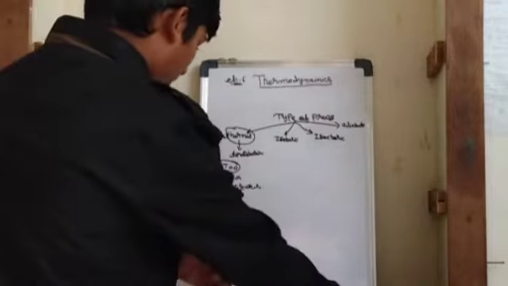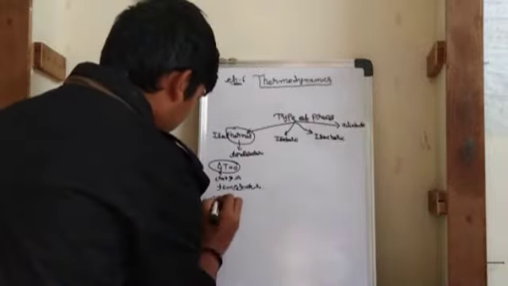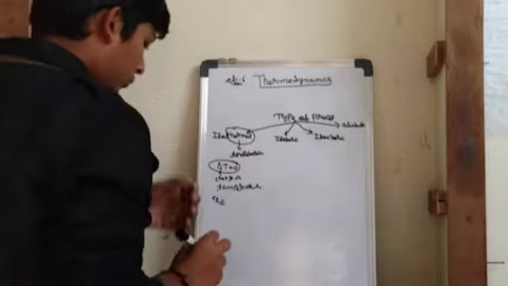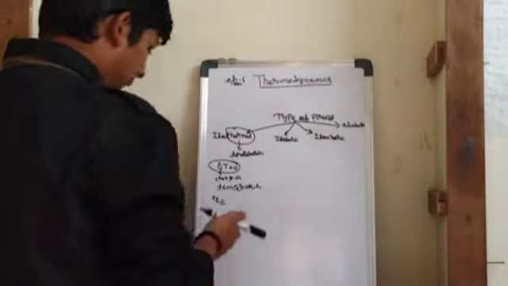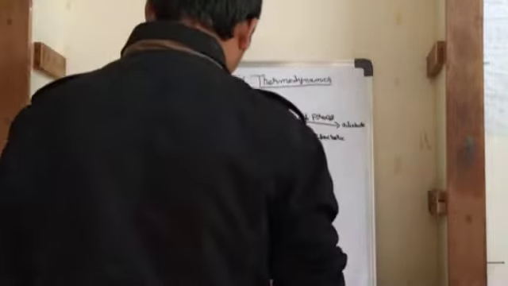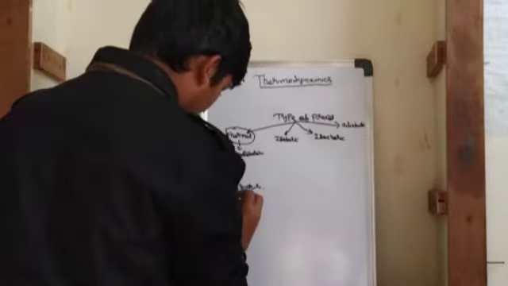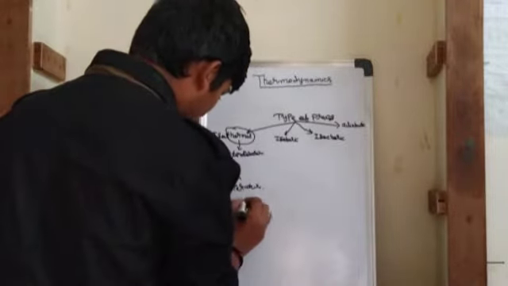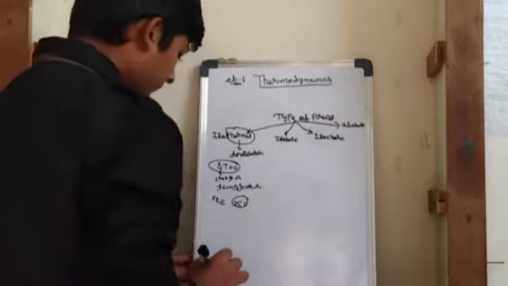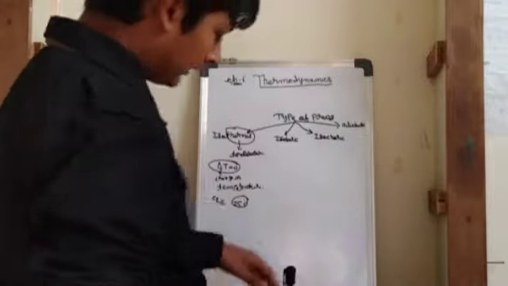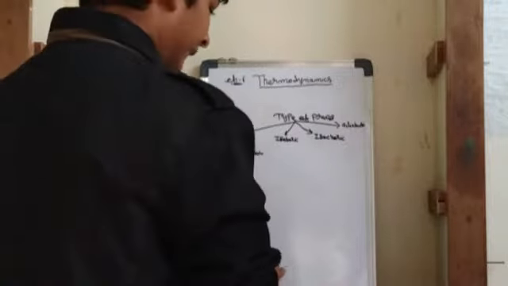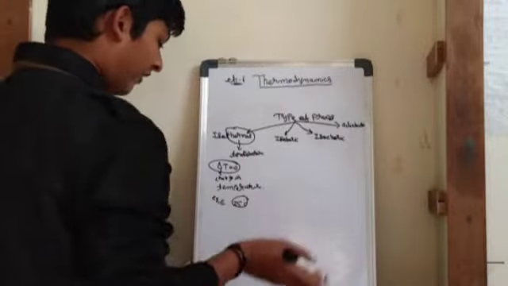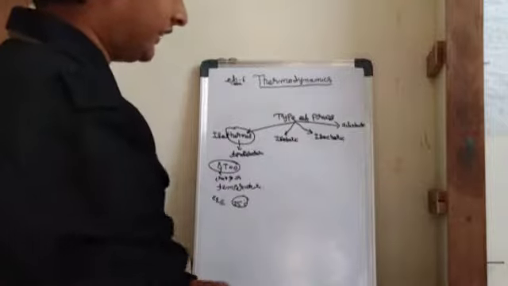Suppose we have done a reaction, in which we get reactants and products. Initially we do the process at 25 degrees Celsius, and after this we will not change the temperature here. The temperature initially and finally will both be 25 degrees Celsius.